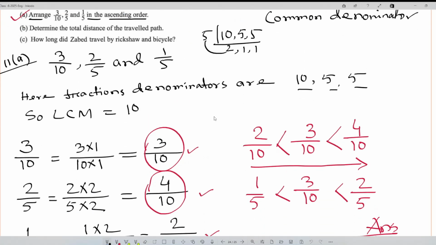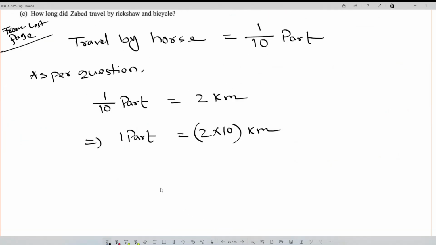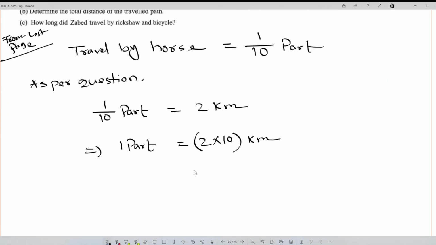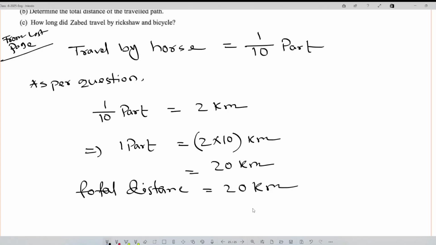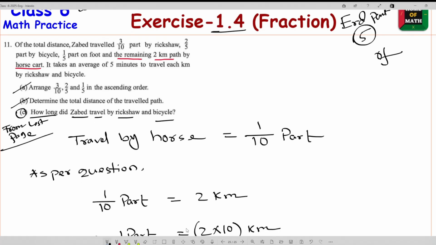We know the total distance is 1, so this one part means 20 kilometers. So the total distance is 20 kilometers.